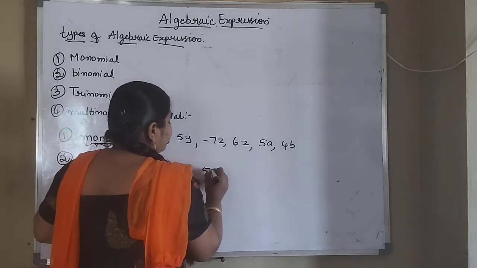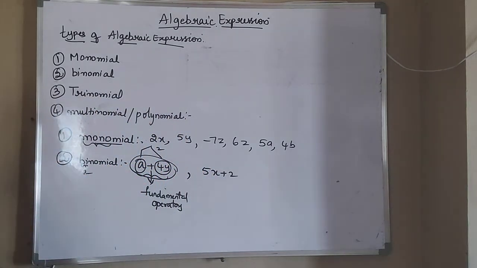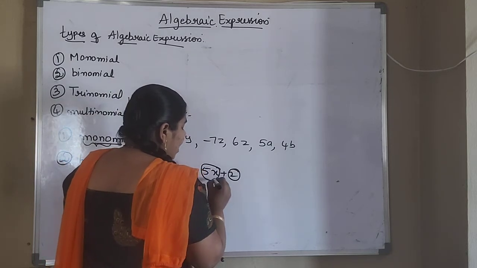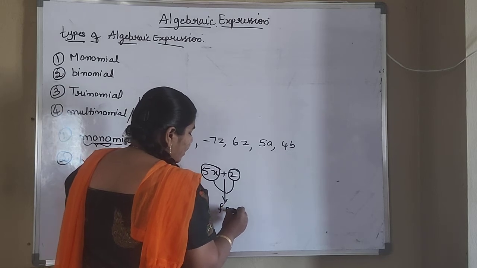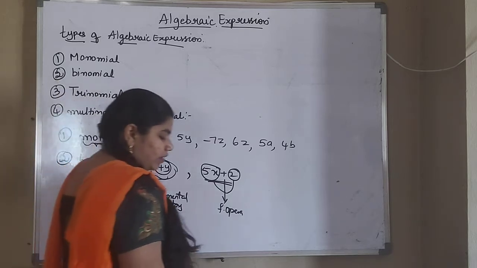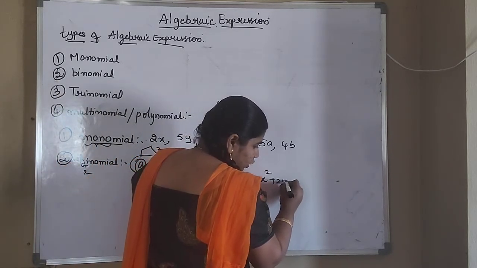In the same way, 5x plus 2. 5x is one term, 2 is the second term, and these two terms are combined with a fundamental operation. So this is called a binomial. In the same way, you can take x square plus 2y.